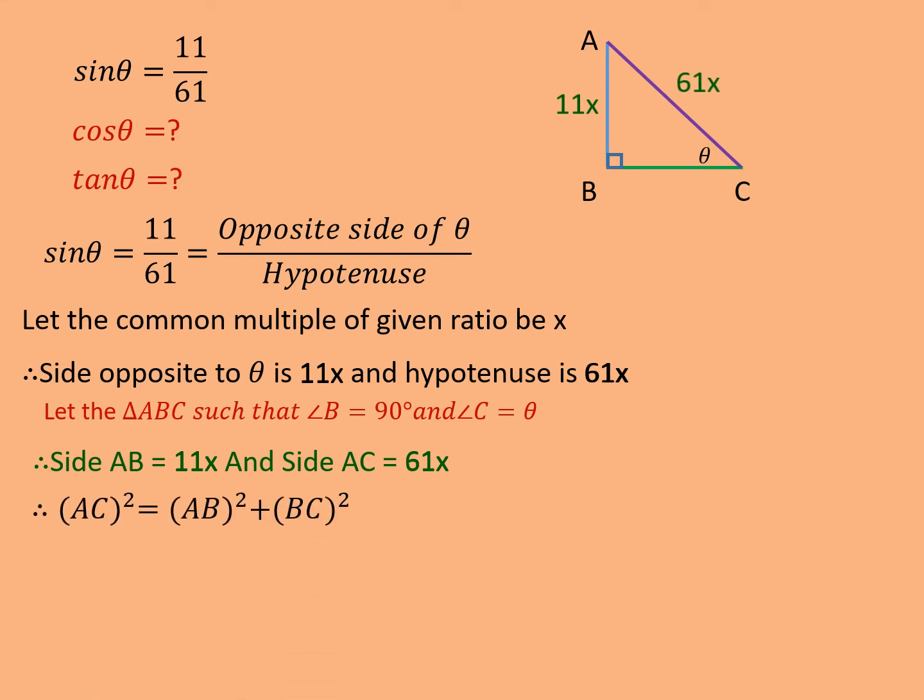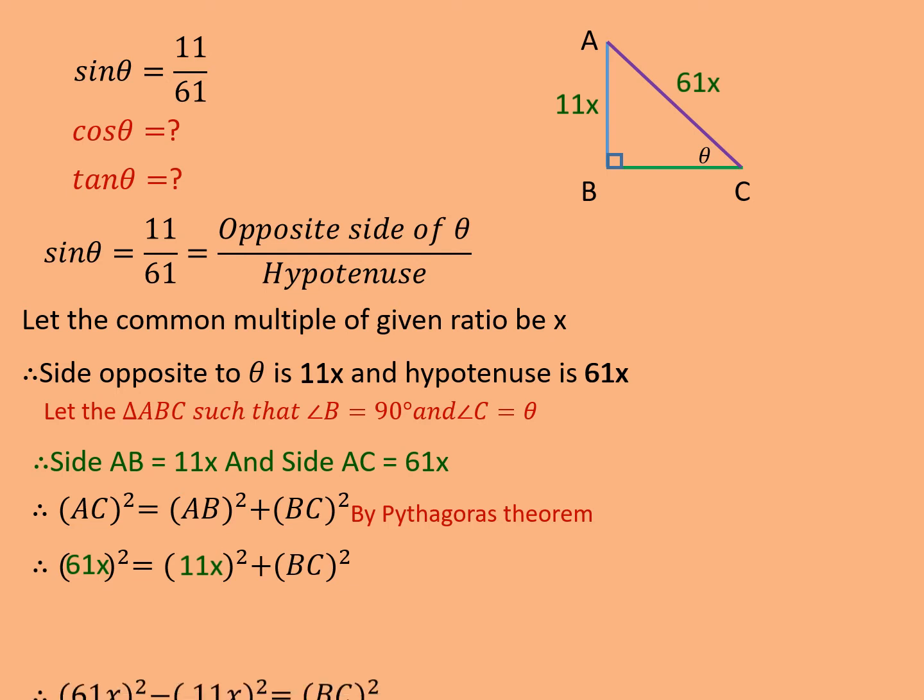Clear? So now by Pythagoras theorem, as you know, AC square, that is hypotenuse square, equals the sum of the squares of the sides forming the right angle. When I substitute the values, AB is replaced by 11x and AC is replaced by 61x, so it becomes (61x) whole square equals (11x) whole square plus BC square.